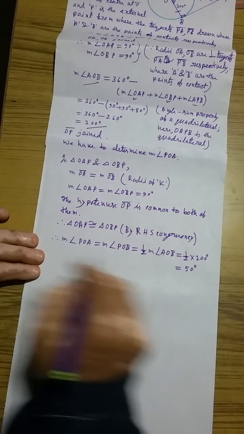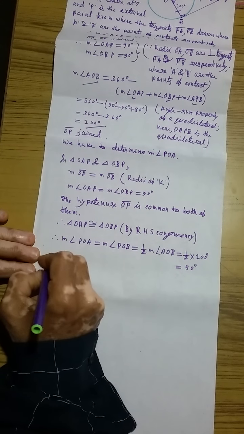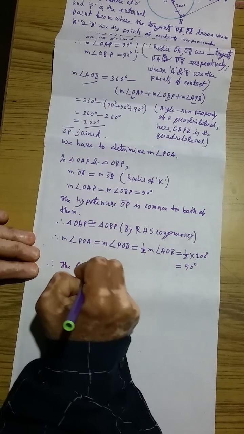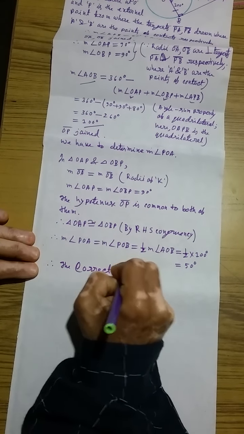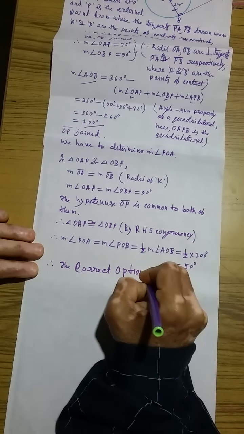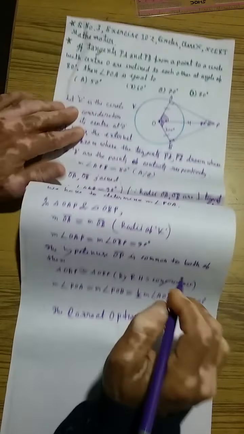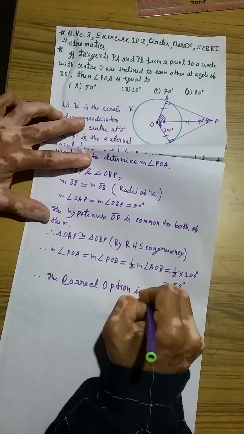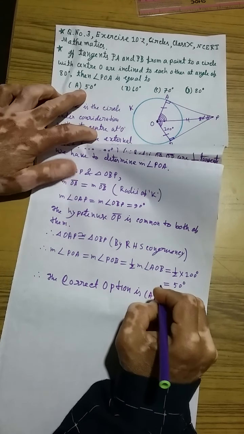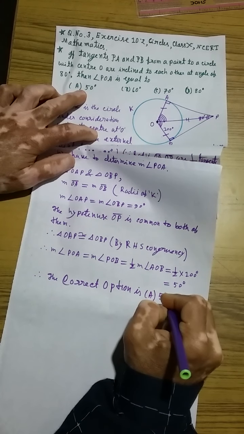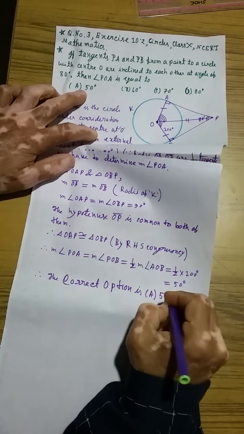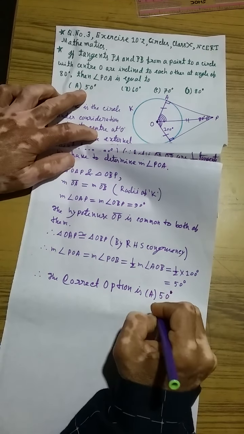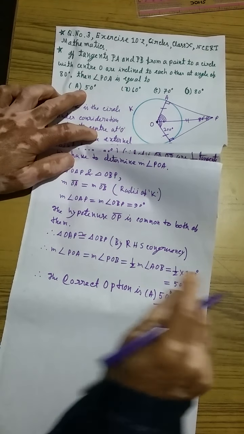So at last, the correct option is option A, which states that the measure of the angle POA is equal to 50 degrees. This is the answer.